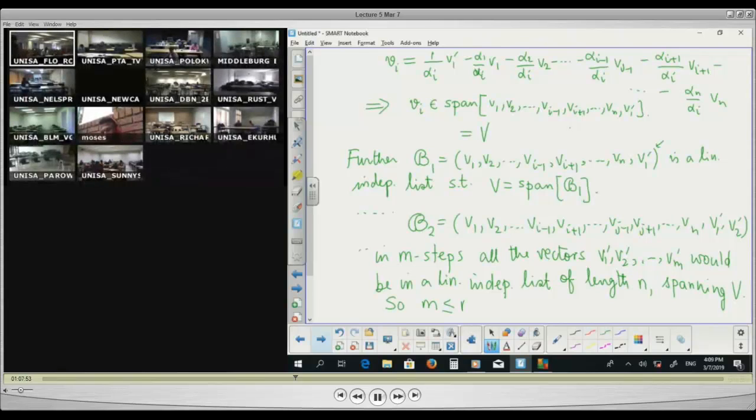Okay? Now, if you reverse the roles of V1, V2, Vn and V1 prime, V2 prime, Vn prime, you would get n is less than or equal to m.